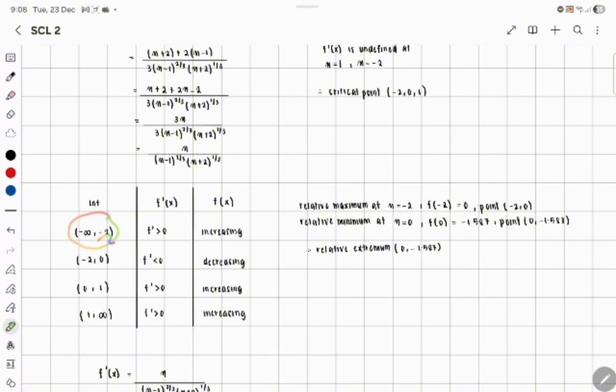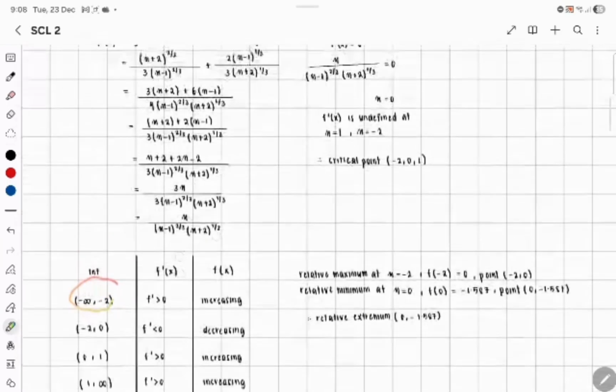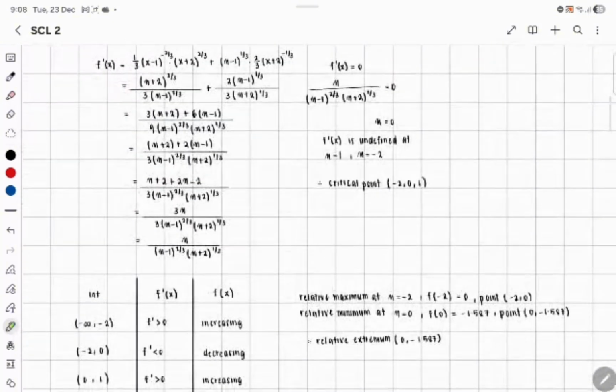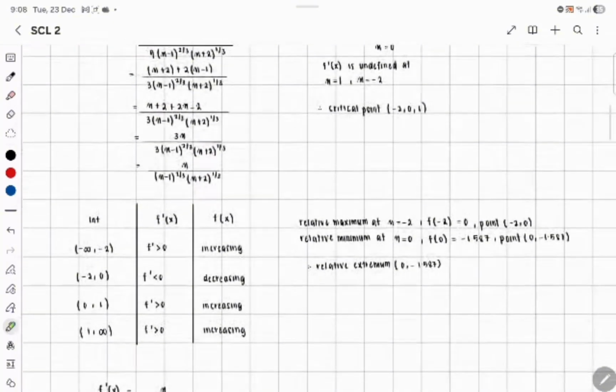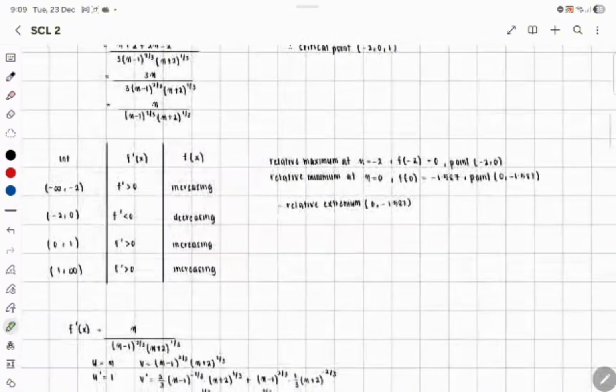So if we choose -3, we put -3 into the first derivative, and from that we get whether the first derivative is positive or negative. If it is positive, that means f(x) is increasing. We go through all of them and we get increasing, decreasing, increasing, and increasing.